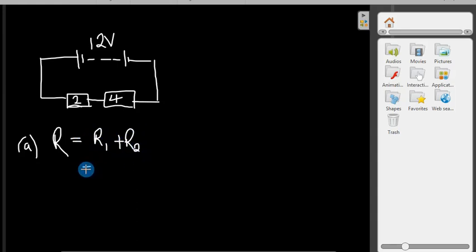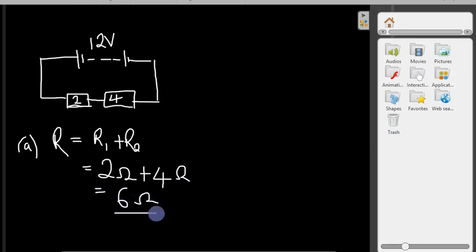The first resistor has 2 ohms as its resistance, so you indicate 2 ohms plus the second resistance of 4 ohms. This gives us 6 ohms as the total resistance.